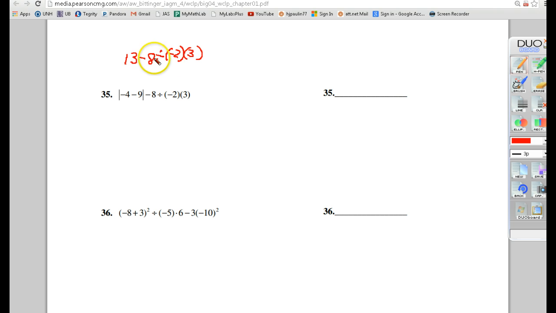But I have to do this division first. So this is going to be 13. Now I have a negative 8 divided by a negative 2. That's going to give me a positive 4. That's times 3 now. Again, I have to do the multiplication first now. This gives me a 12. 12 and 13 add up to, I'll put it over here for you, 25.